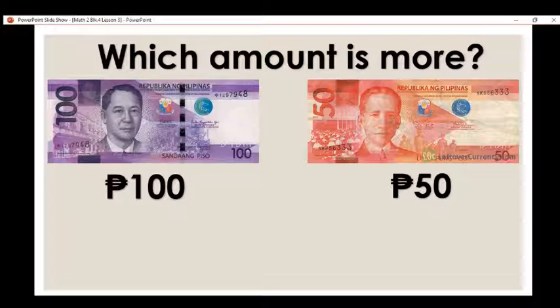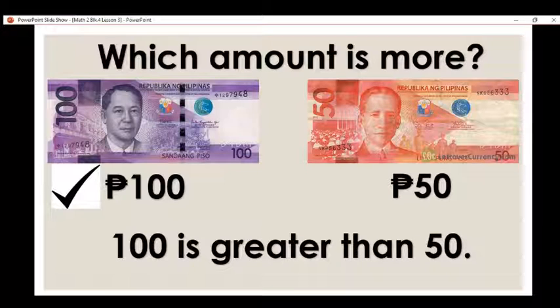When you say more, who has the greater amount of money? Okay, very good. 100 pesos is greater than 50 pesos, because if you look at its number as the amount, 100 is greater than 50.